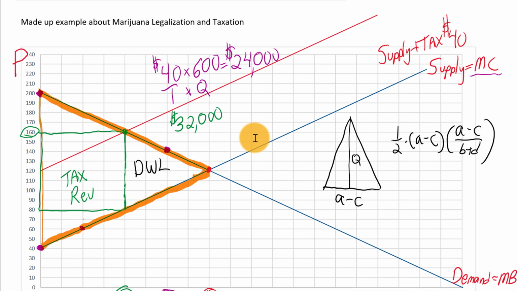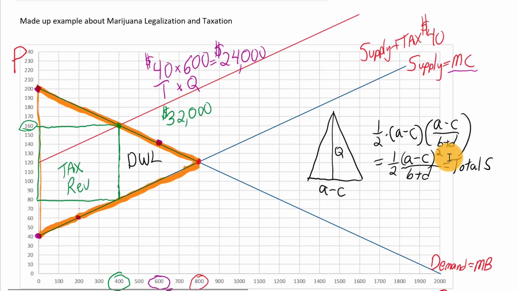Now, why are we doing this? Well, we want to be able to compare how much total surplus is after we put on this tax revenue maximizing tax. So we have an A minus C times an A minus C, so that's an A minus C squared divided by B plus D. So this is an amount of the total surplus before the tax.